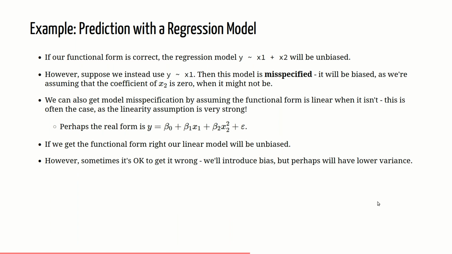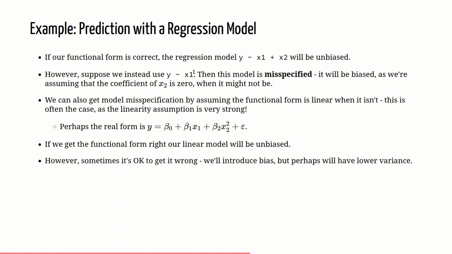And so if our functional form is correct, then our regression model is going to be unbiased, so the bias is going to be equivalent to 0. However, if we got the functional form wrong, but we still fit a linear regression model, so say for example that we only estimate y using one of the variables, so say x1 instead of x2, then the functional form is wrong because we'd be assuming that the coefficient of x2 is 0, i.e. x2 has no influence because we're only estimating y using x1.